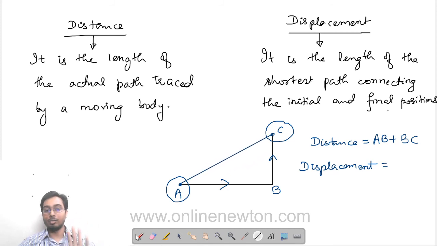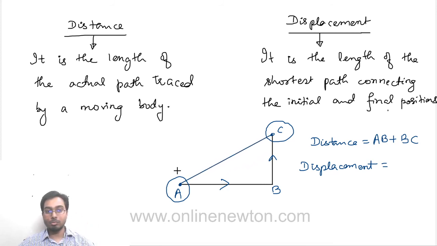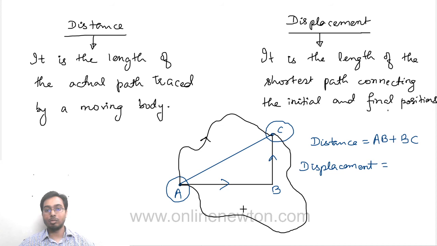So from A to C, there can be multiple paths which can connect A to C. Like this, I can choose one more path. It's reaching there. I can have any other path also. It's again reaching there. So there are various paths which can connect A to C, but I need to choose the shortest, because that is what the displacement definition says.